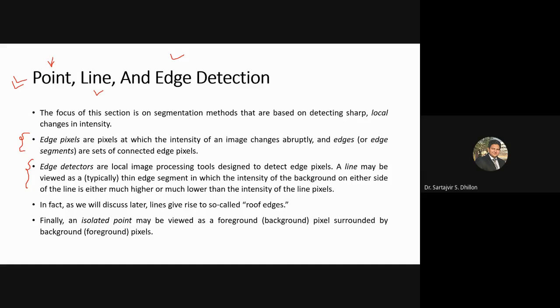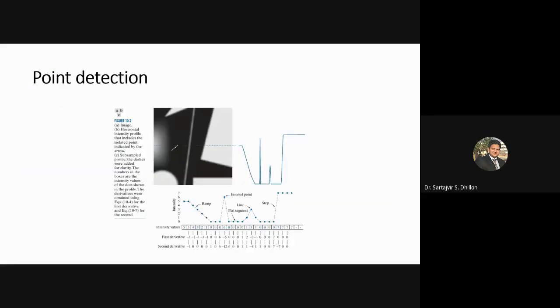An isolated point may be viewed as a foreground pixel surrounded by background pixels. We will do all these things in the upcoming slides. Please note that we have already done one experiment on edge detection, and we will discuss the theory of that in this PPT.